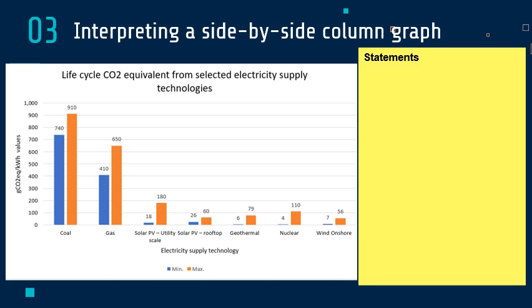Okay, let's look at the other example we looked at on Monday, and this was about the life cycle carbon dioxide equivalent that's produced from selected electricity supply technologies.